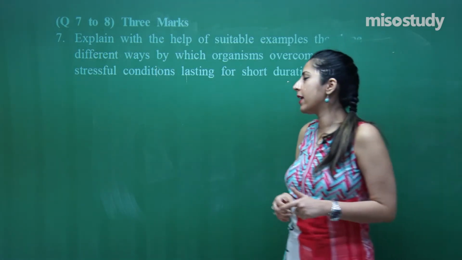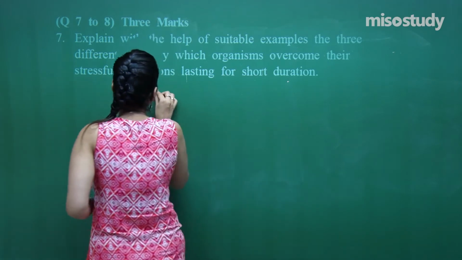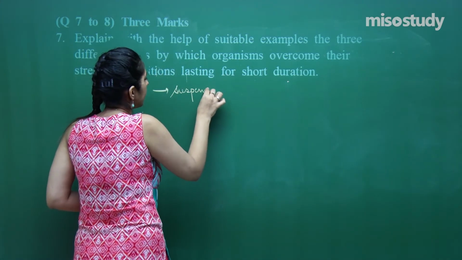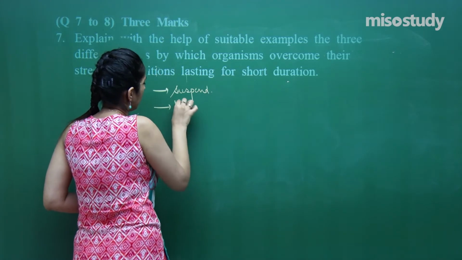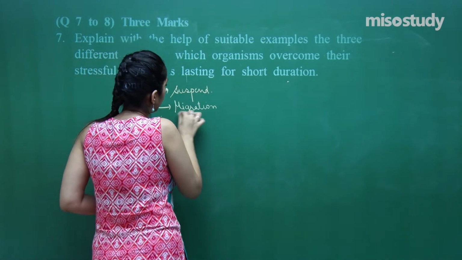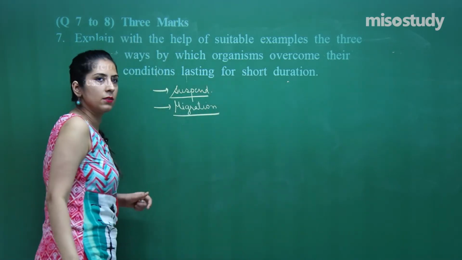So as I have discussed, one is called suspend and second is called migration. These are the ways, right?